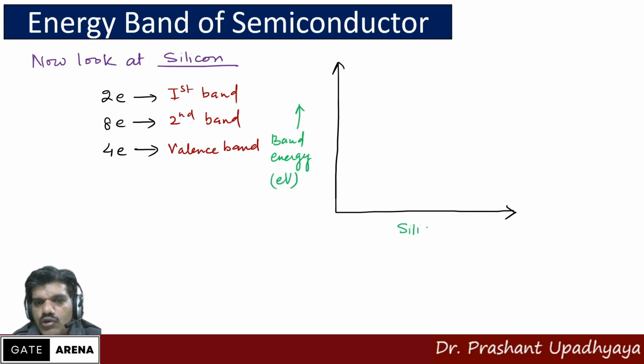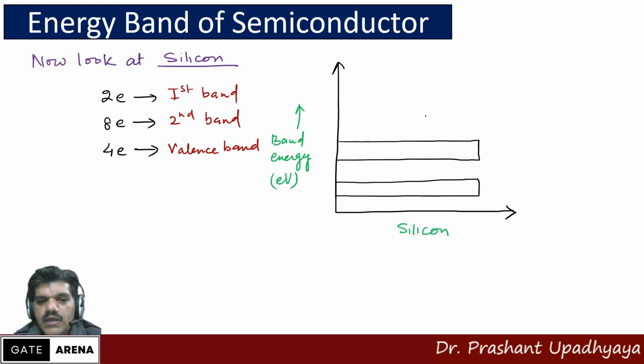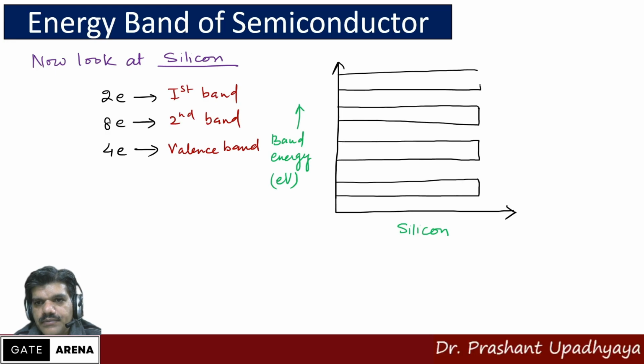In germanium we have not drawn the first band, but since we have fewer orbits in silicon, we can draw the first band here. I'm writing this as the first band, then we draw the second band, then the valence band, and then the conduction band.